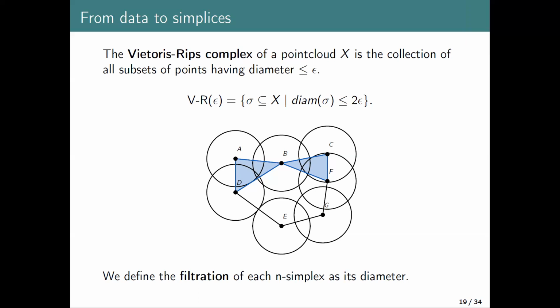But the main idea here is that the Vietoris-Rips complex is a clique complex, so it's completely determined by its one-skeleton graph because all the triangles are filled in. So you can basically reduce the problem of counting how many simplices you have here to just counting the cliques in your graph.